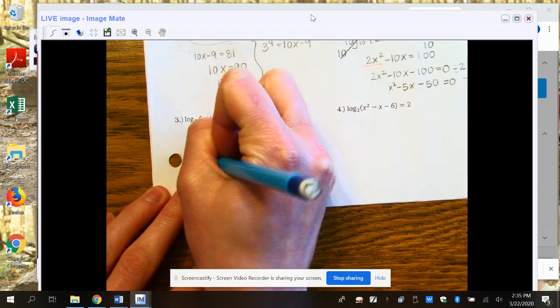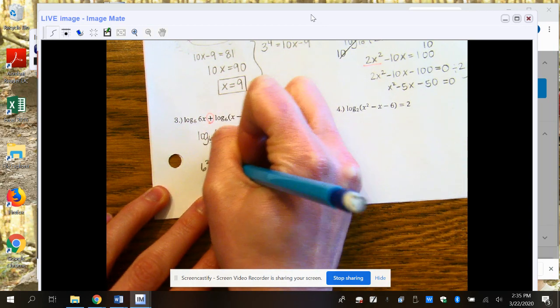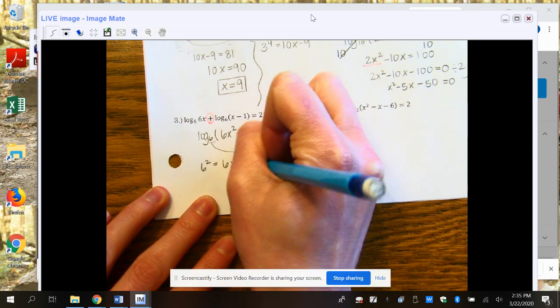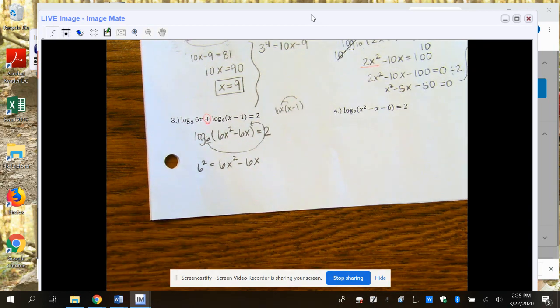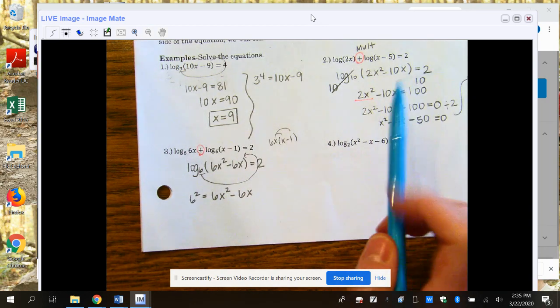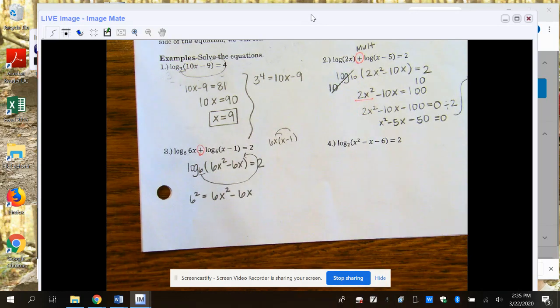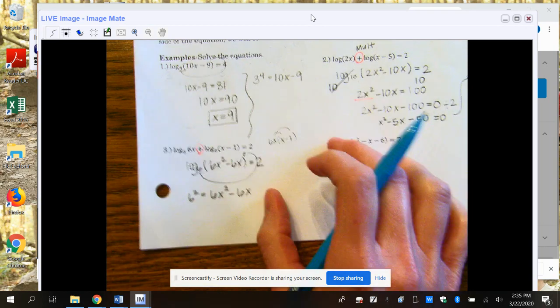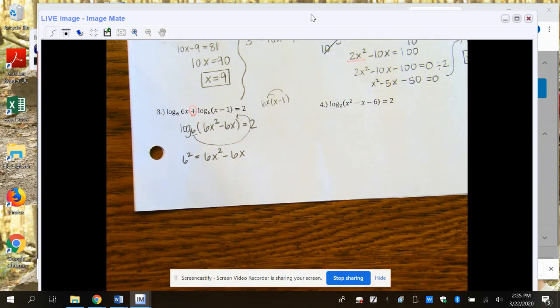So 6 squared is equal to 6x squared minus 6x. I find that most people like this method a little bit better just because it's more similar to what we did with the exponents on Monday, but it is totally up to you.